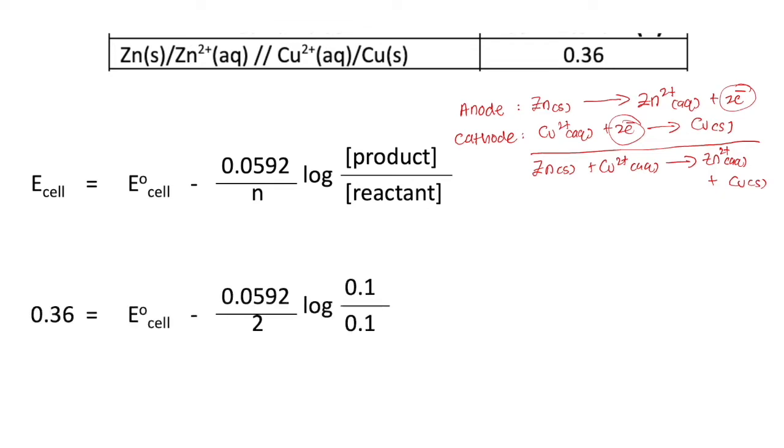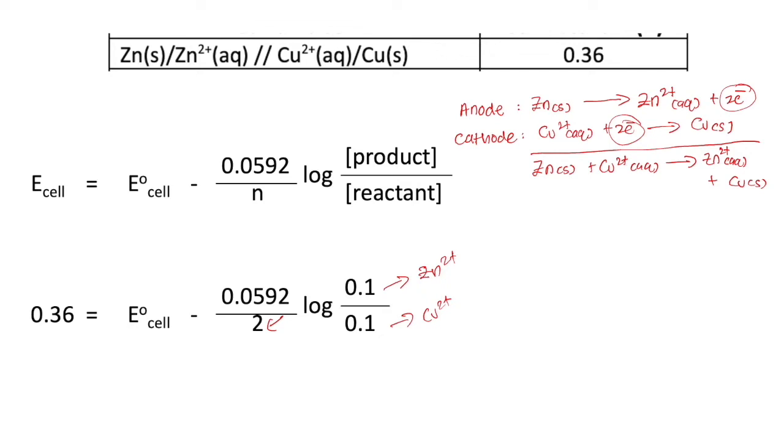So we substitute everything here. Ini sebenarnya untuk zinc dan ini adalah untuk copper. Fortunately, dua-dua 0.1. So if you log 0.1, and this is the number of electrons, awak akan dapati log 1 is equivalent to 0.